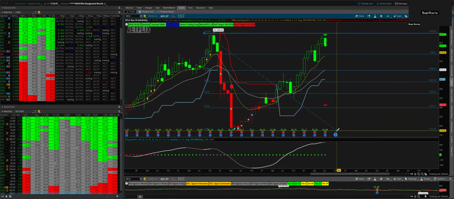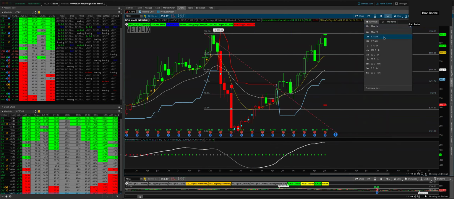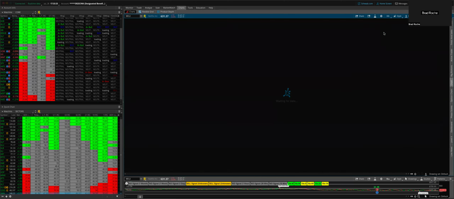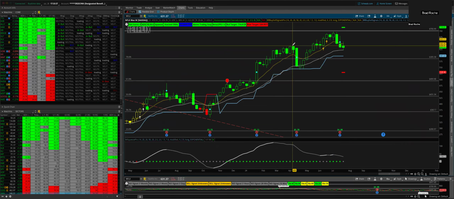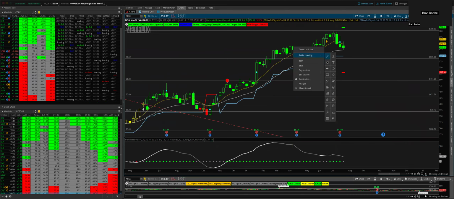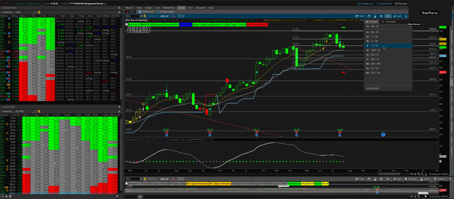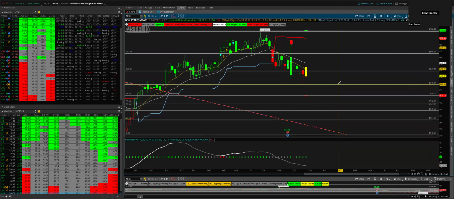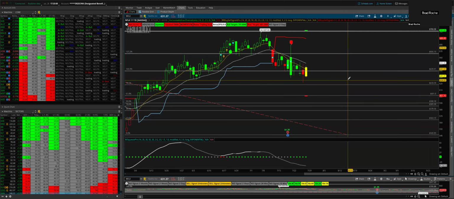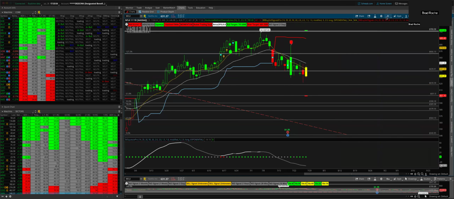It's not having an easy time. Go to weekly. I think we could see a drop down into the support right here. So about $13 lower, $14 lower into about 620.